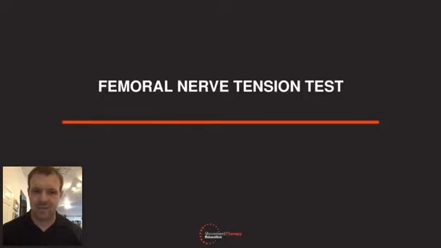So it's another one of those orthopedic tests that you can use to rule in or rule out certain conditions. And that's the kind of thing that we're likely to come up against. So if someone's got tight quads, have they got tight quads, or is it the femoral nerve that's causing the tension? That's one of the things that you can test.